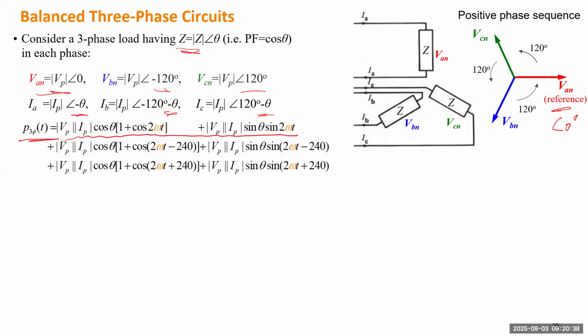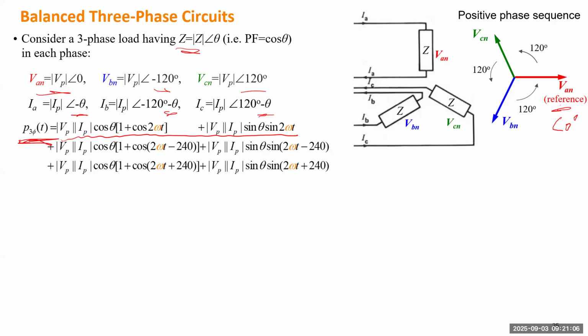Next, we just need to apply the formula to phase B and phase C, and add them together because we want to calculate the total instantaneous power going into the three-phase load. Assume the total power is supported by a single generator. So let's say this is a balanced load of three phases, but they are all powered by the same source. So this instantaneous power will tell the total power coming out from the source.